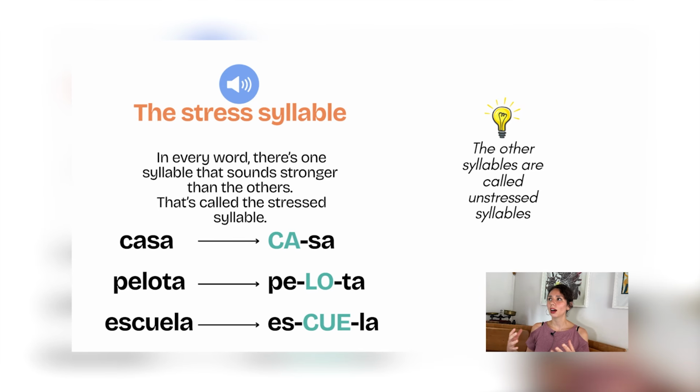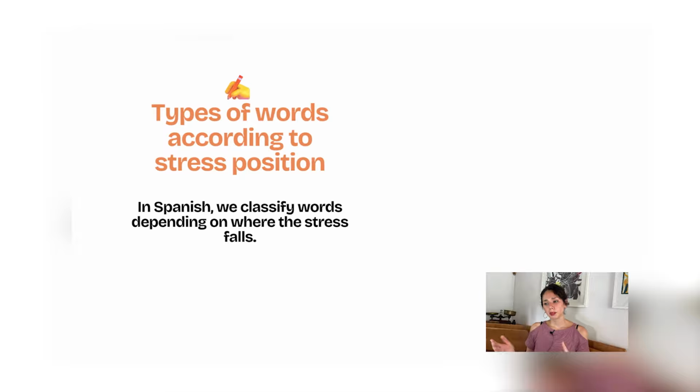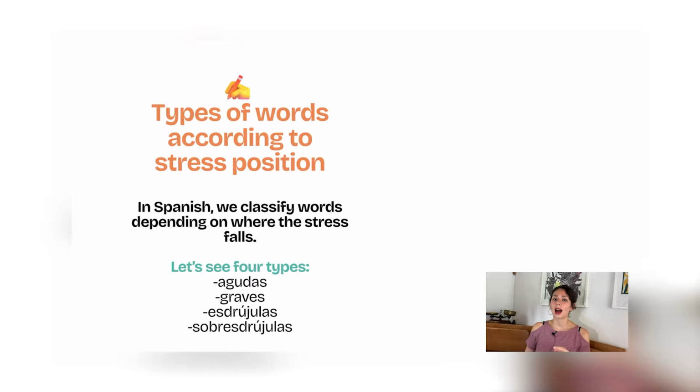So how could you know where the stress is in every word? There are some types of words according to stress position. In Spanish, we classify words depending on where the stress falls. Let's see the 4 types: agudas, graves, esdrújulas, sobresdrújulas. Okay, there's something that you need to know.